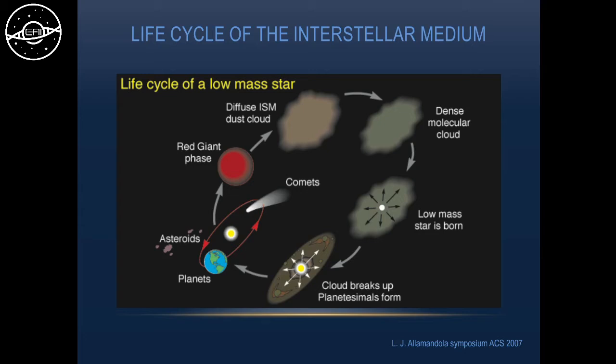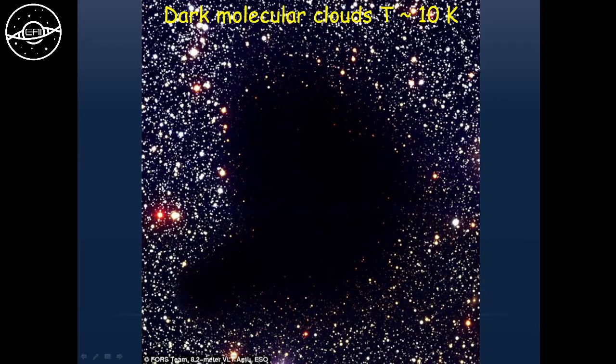After a star is formed, it has its own life cycle, and when this cycle comes to an end, the star starts to produce heavy elements. So the whole cycle repeats. In this life cycle, a very interesting and important object is the dense molecular cloud. Let's have a closer look at this object.